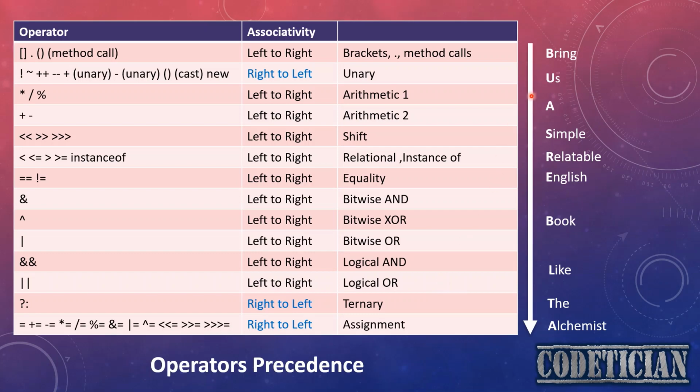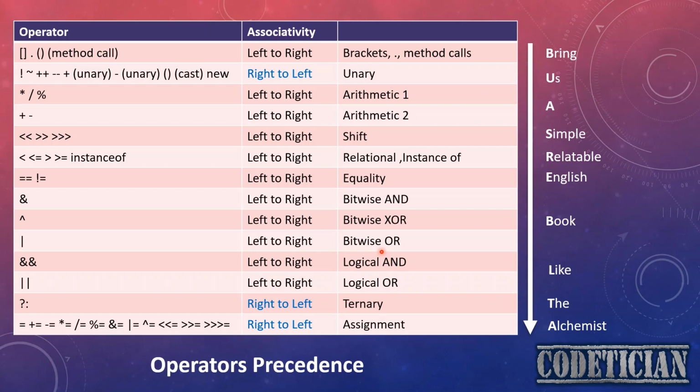If you learn this, first of all, you don't have to learn this except if you are asked in an interview, or just for knowledge purposes. But most of the time in practice, you can use brackets.